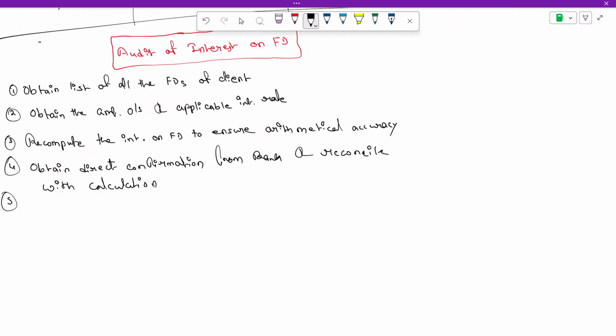So the entity created interest of rupees 6,000, but it is wrong. So obtain direct confirmation from bank and reconcile with calculation of entity.